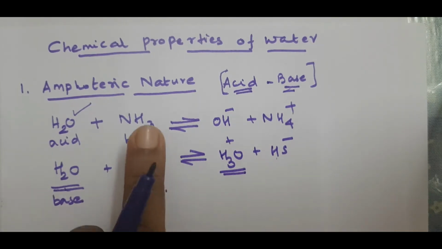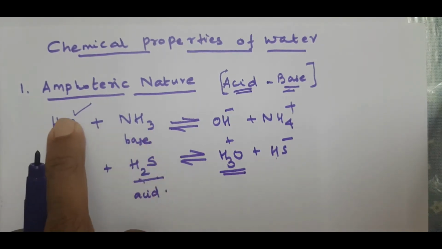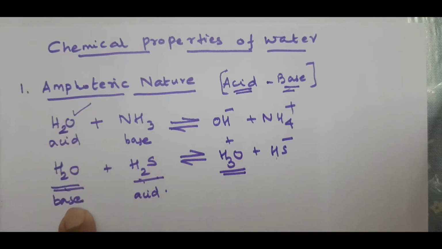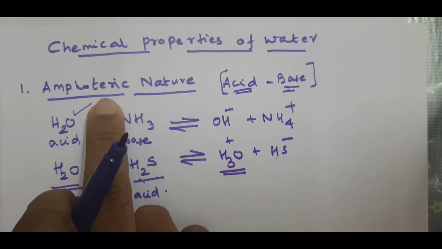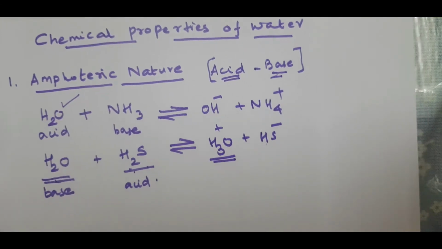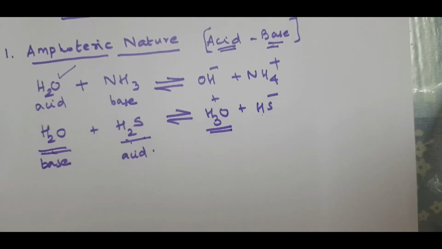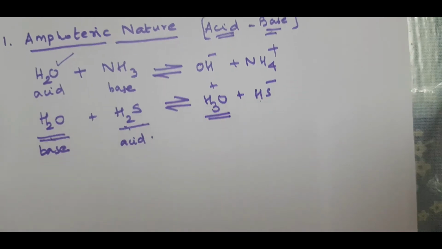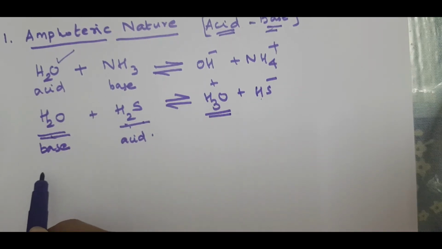So these two reactions show that water can act as an acid as well as a base. That is why we say that water is amphoteric in nature, the property of amphoteric nature.